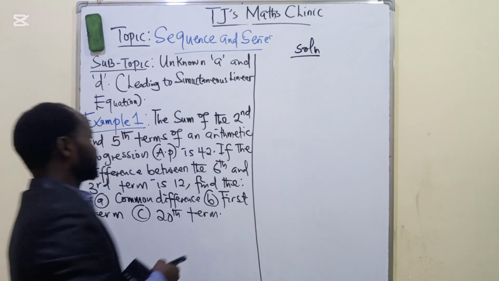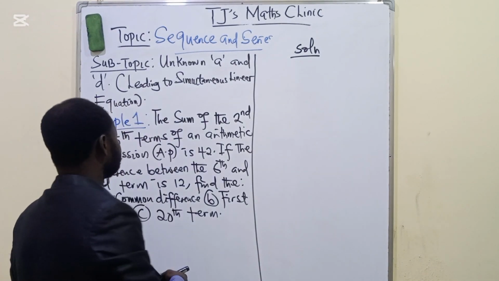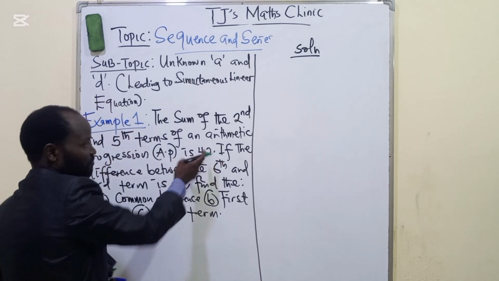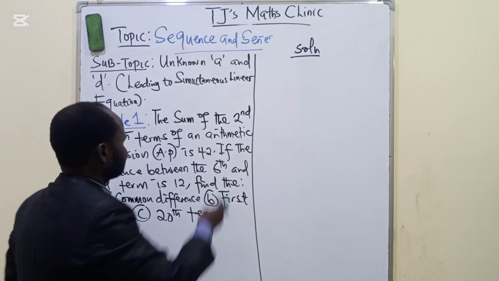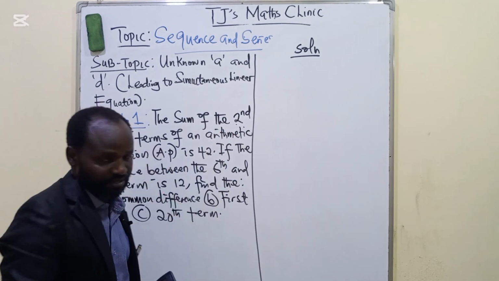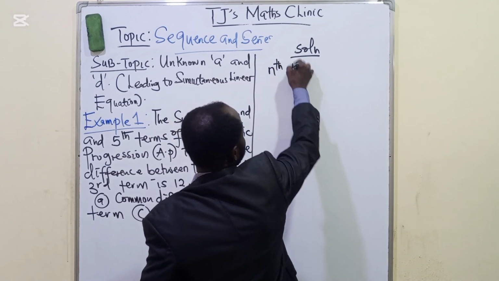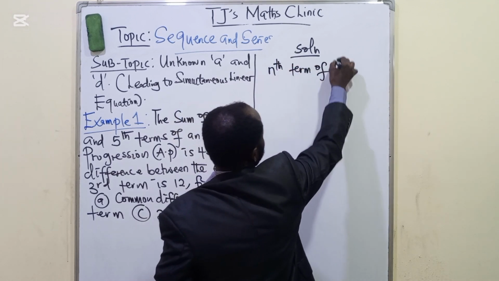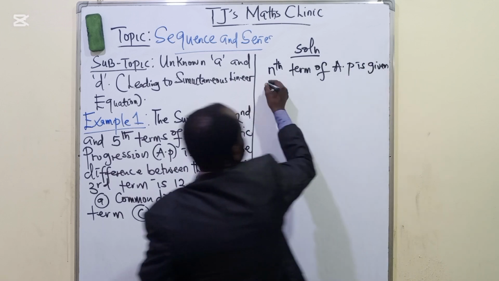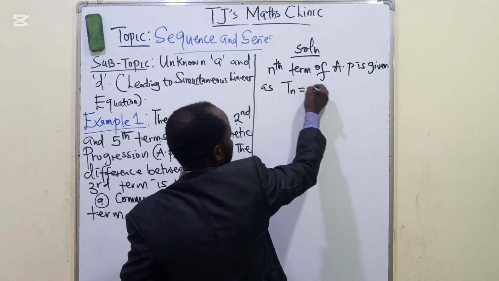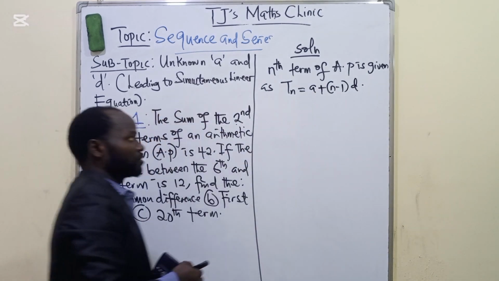See how we can interpret the question. The first statement: the sum of the second term and the fifth term of an arithmetic progression is equal to 42. The word "is" means equal sign, 42. So we have to get the second term and the fifth term and sum them together. And recall that the nth term of an AP is given as T_n equals a plus (n minus 1) multiplied by the common difference d.